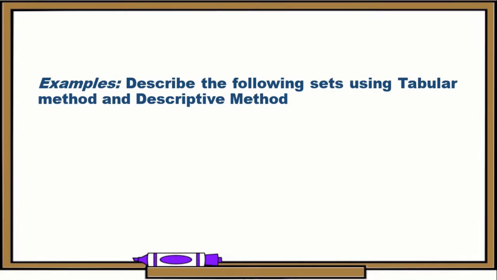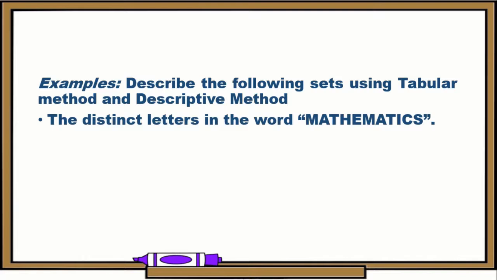Let's have some examples. Example number 1. Describe the following sets using the tabular method and descriptive method: the distinct letters in the word mathematics. How many elements do we have? Let's look at the letters in the word mathematics. We have 1, 2, 3, 4, 5, 6, 7, 8, 9, 10, 11.